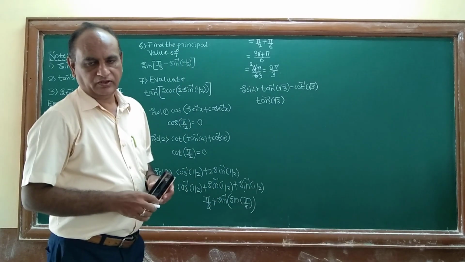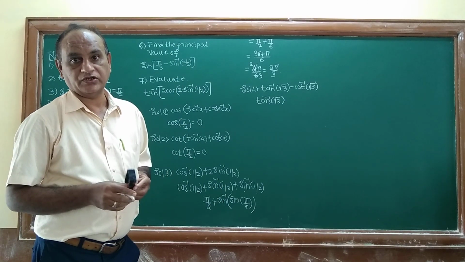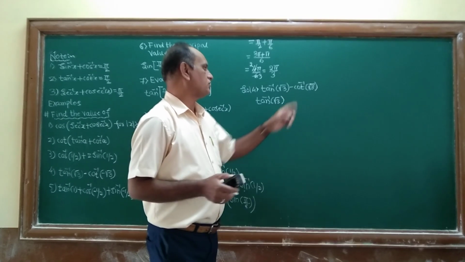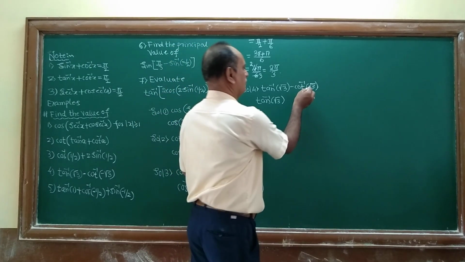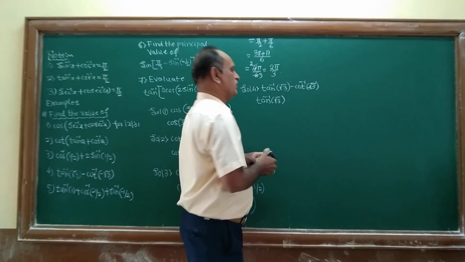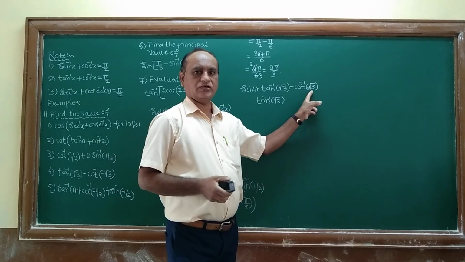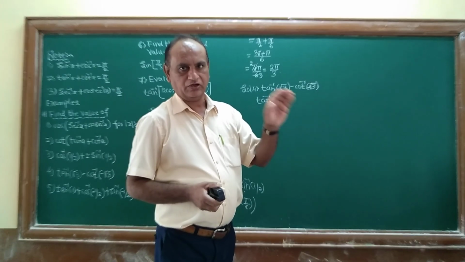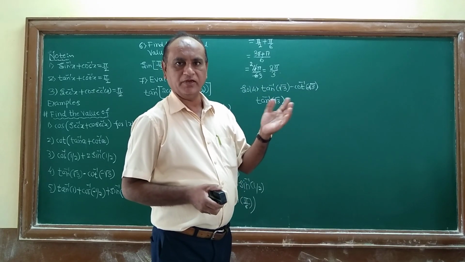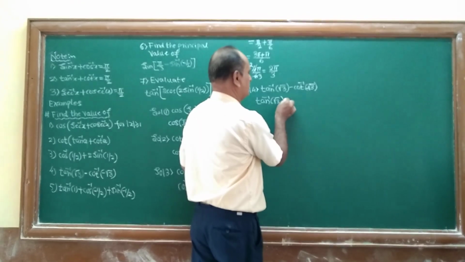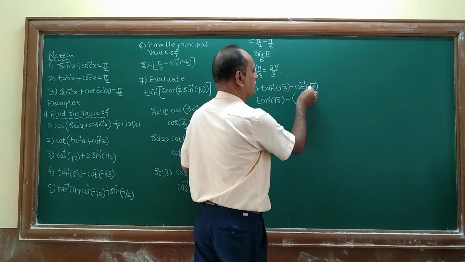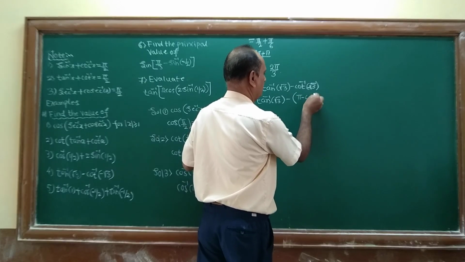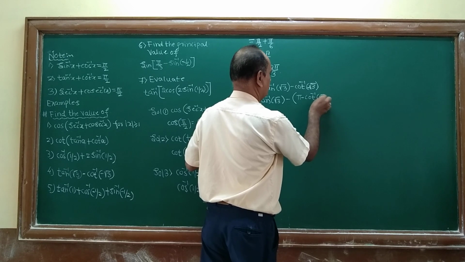Note this point: cot inverse of minus x is equal to pi minus cot inverse x. First apply this point and then simplify. So minus in the bracket, cot inverse of minus root 3 and then pi minus cot inverse of root 3.